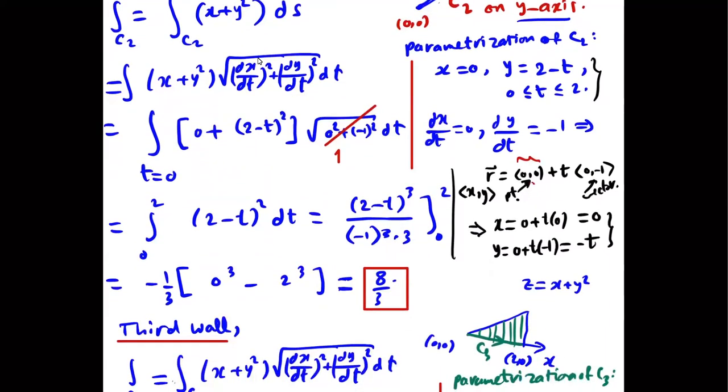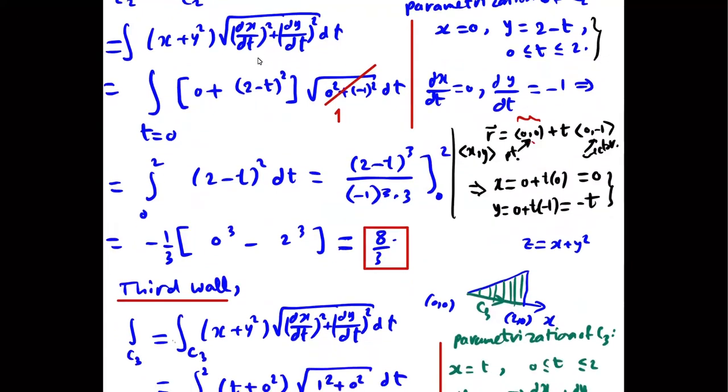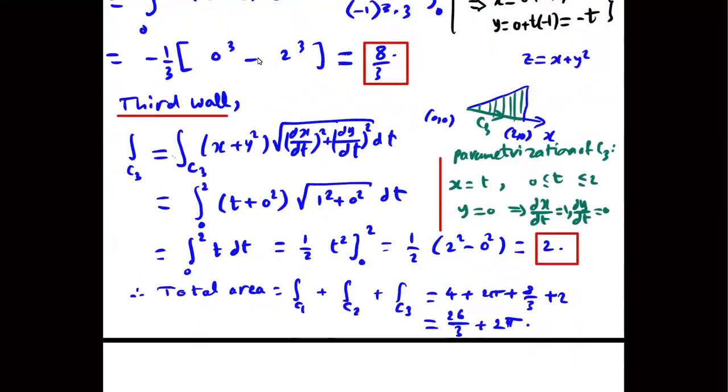Again, we calculate ds for this situation. The dx is 0, the dy is negative 1. So we can finish it easily. The third one, and then the same for the third wall.